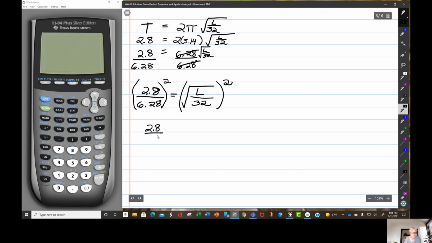2.8 over 6.28, squared, equals L over 32. Now I'm going to be solving for L. So that means I'm going to multiply both sides of this equation by 32.